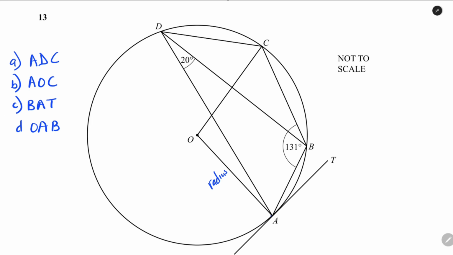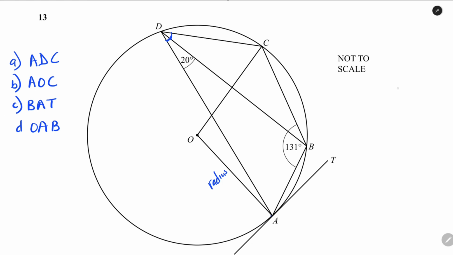Now, the very first question they've asked us to answer here is, what is angle ADC? It means they're asking us for this angle, this entire space here. Now, if you look critically at this diagram, notice that we were told earlier that ABC lie on the circumference of the circle.